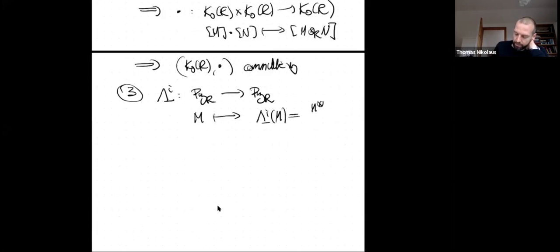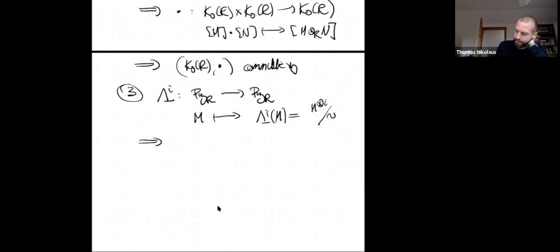You take M tensor i, and then you apply a certain quotient: you anti-symmetrize the tensor. In fact, you have to be a little bit careful. You also have to kill elements of the form m tensor m, because if the characteristic is 2, then this might otherwise be non-zero. Okay, so this is what the exterior power is, and that's again a projective module.